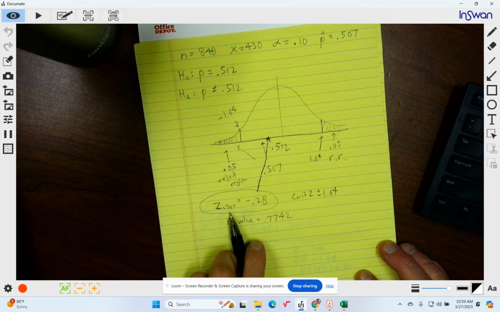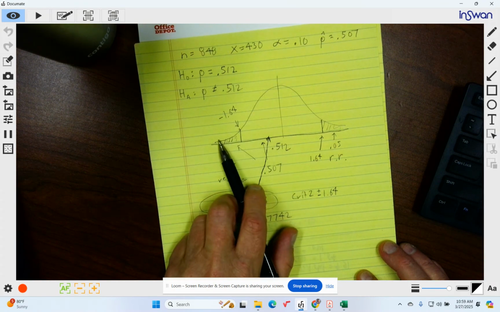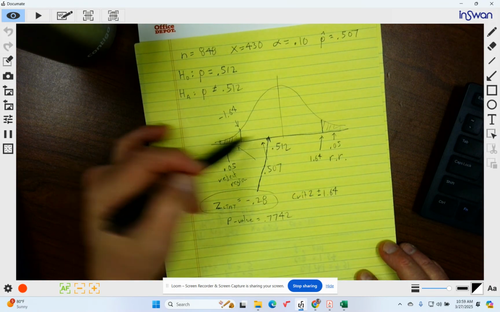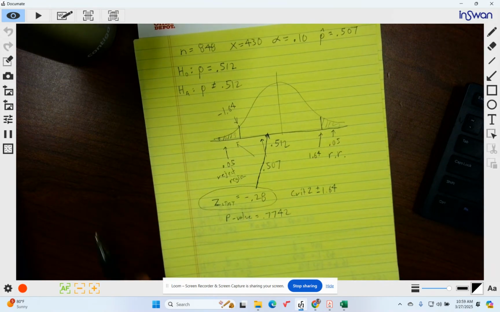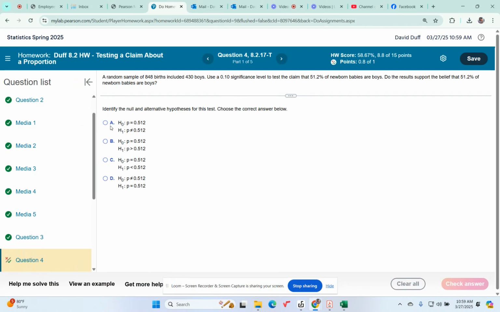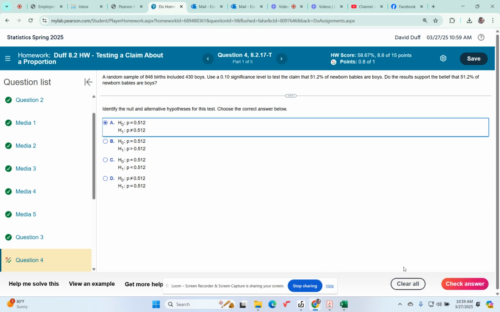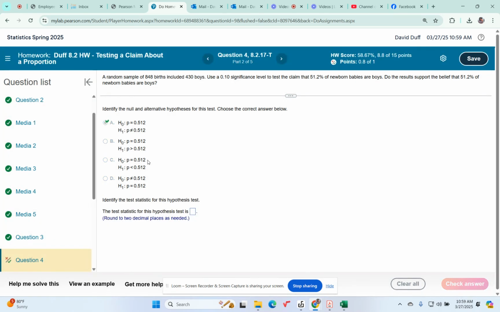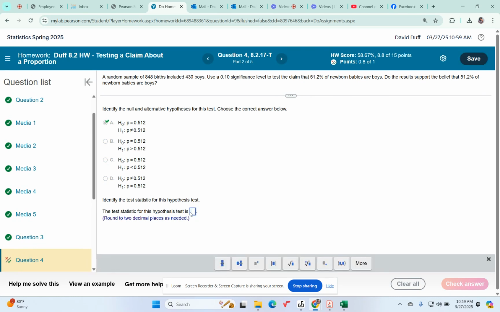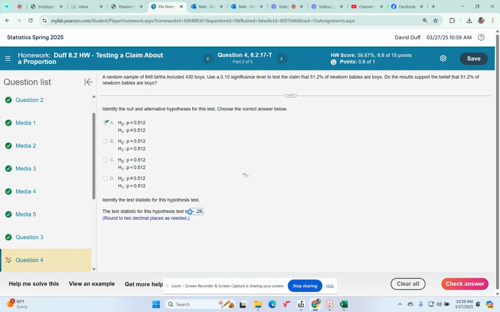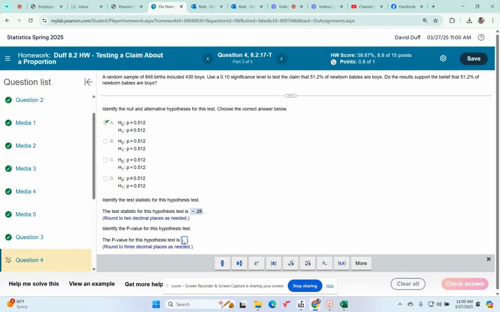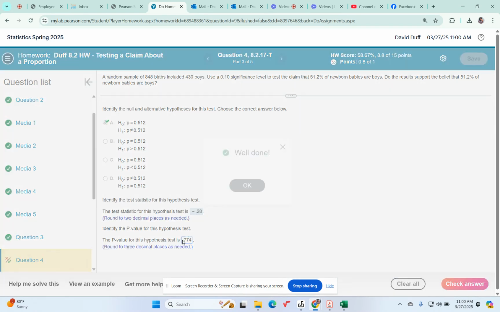So clearly this test statistic is not far enough to the left or to the right to fall in the rejection region. And then we'll go back and we'll enter some numbers into the problem. Okay, so we have a p equal to and then not equal to. So this should be the first answer. Our test statistic is negative 0.28. So that should be our second answer. The p-value is a gaudy 0.774.